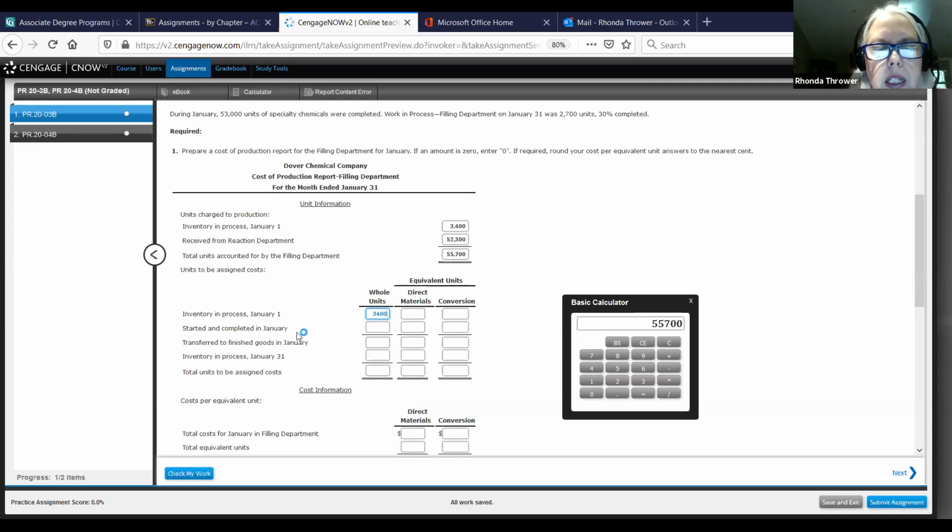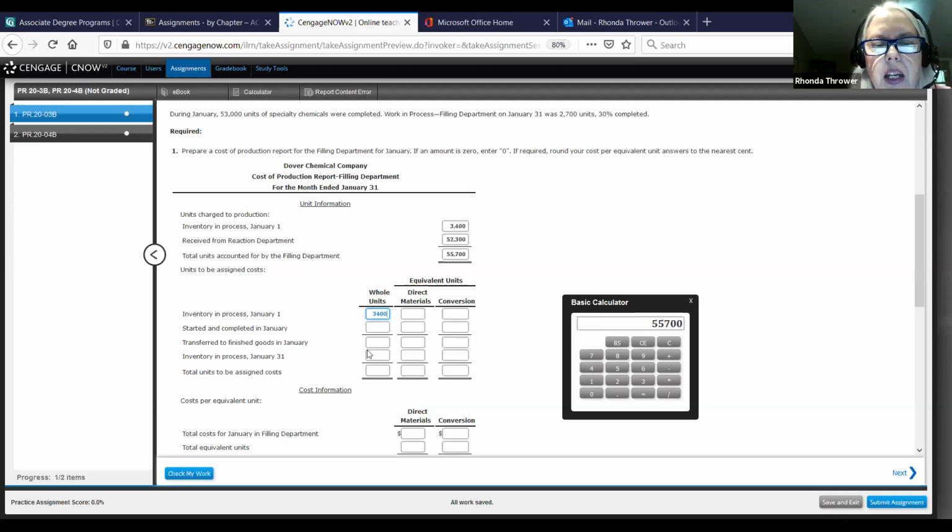We don't know what we started and completed in January. We're going to have to find it. But they do give us information about what was transferred to finished goods inventory. But I'm going to hold off on that for just a minute, because there's some other things that they've given you too.